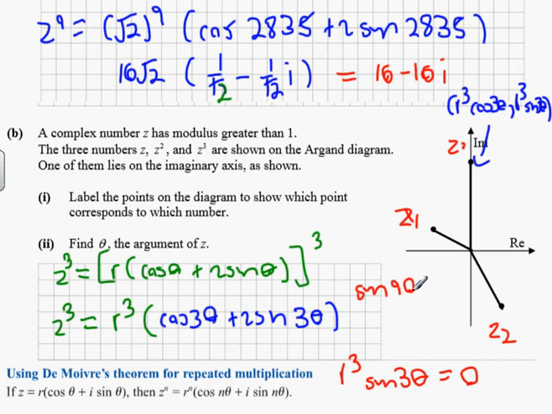Sin 90 is 0, isn't it? Oh, sorry. Wait, it's the cos value at 0, isn't it? Yeah, 3 cos 0 is 0. Sorry lads, excuse me. It's actually the x value that's 0.